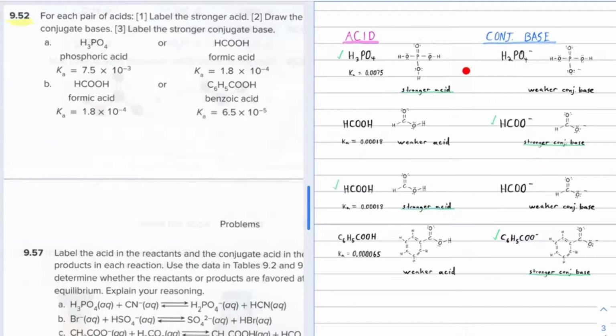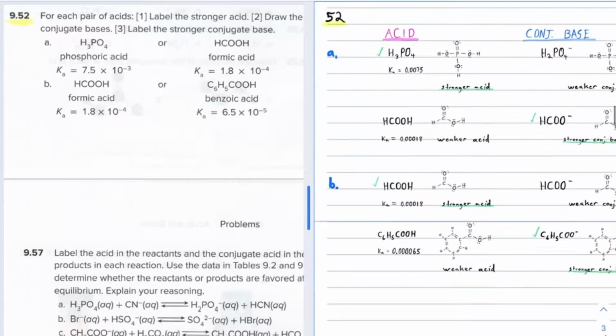The stronger the acid, the less the tendency its conjugate base wants to reform the acid. But the weaker the acid, the stronger its conjugate base, or the more likely its conjugate base will want to grab back that proton. So this is the weaker acid, which means it has the stronger conjugate base.